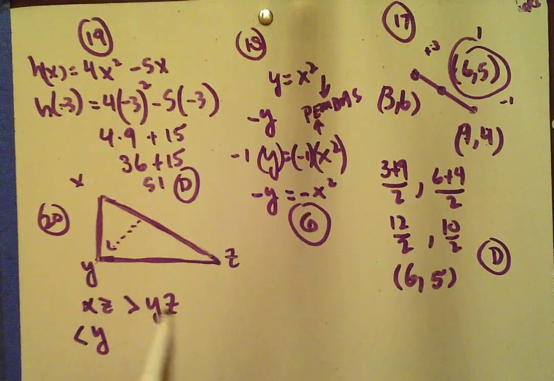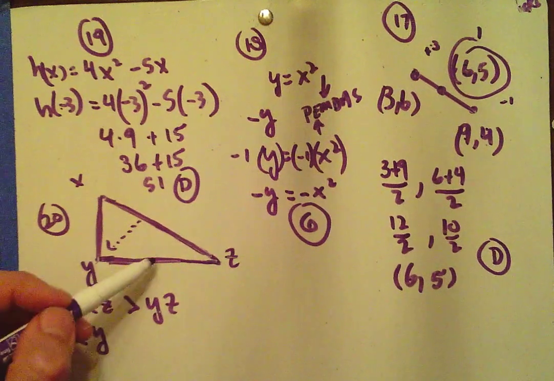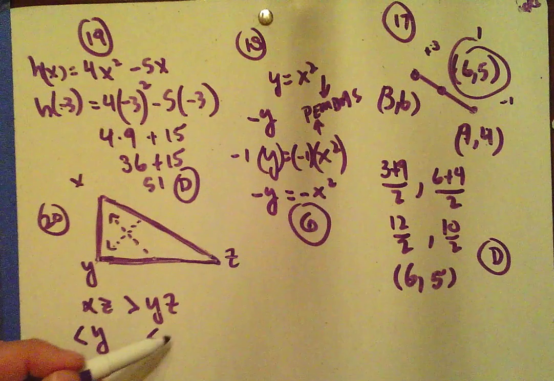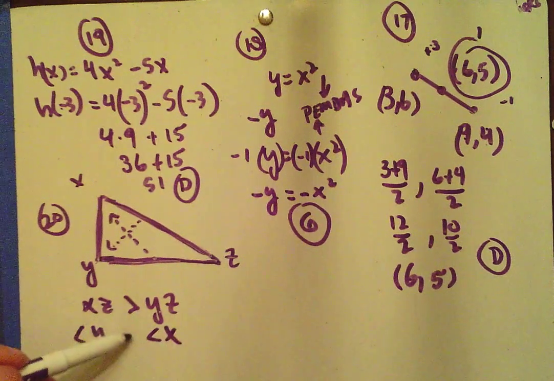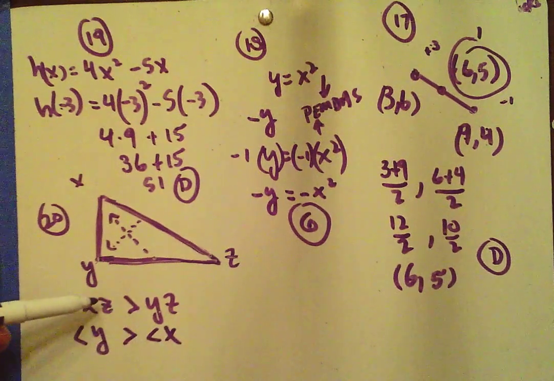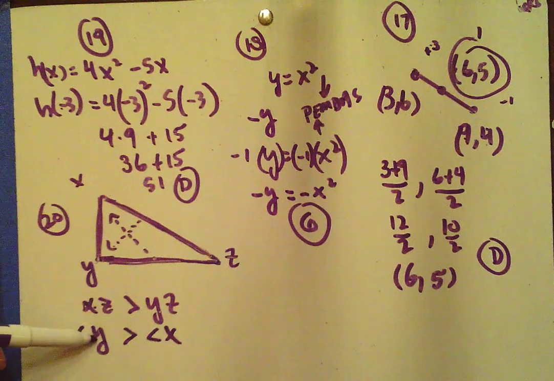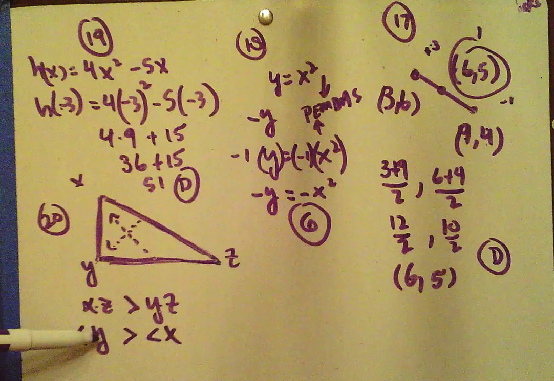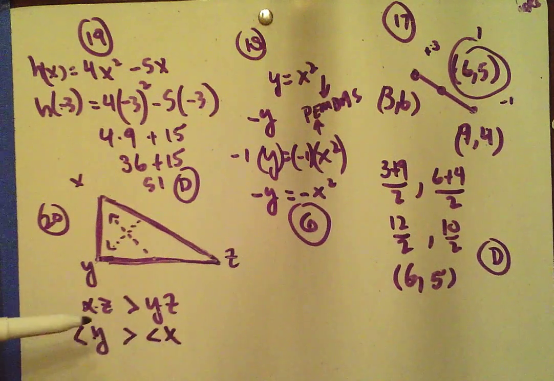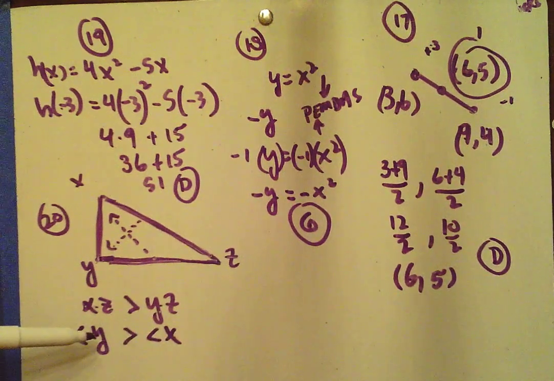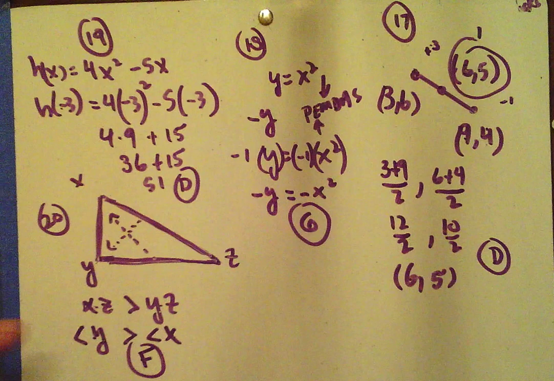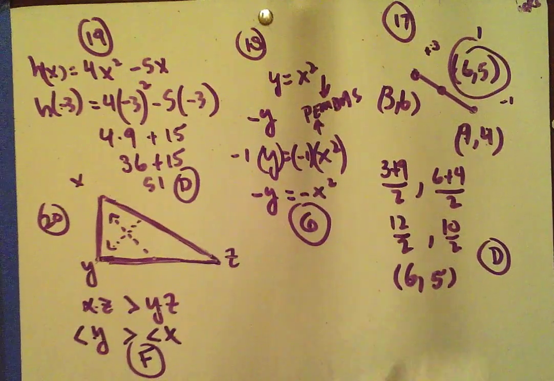And here's yz. Across from it is angle x. So across from the bigger side is the bigger angle, right? Because this side is bigger than that one, this angle must be bigger than that one. Angle y is bigger than angle x, and that's choice F. F for number 20.